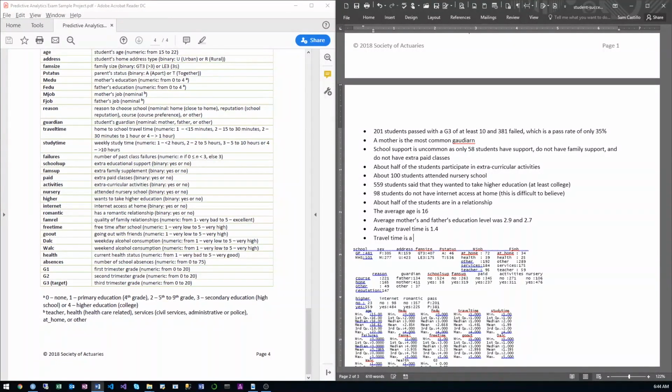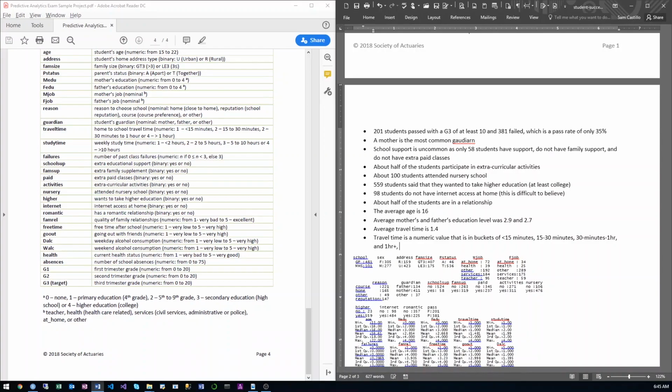Travel time is a numeric value where a higher value is in buckets of less than 15 minutes, 15 to 30 minutes, 30 minutes to 1 hour, 1 hour plus, which means that we can use the numeric levels from 1 to 4 directly in the model.